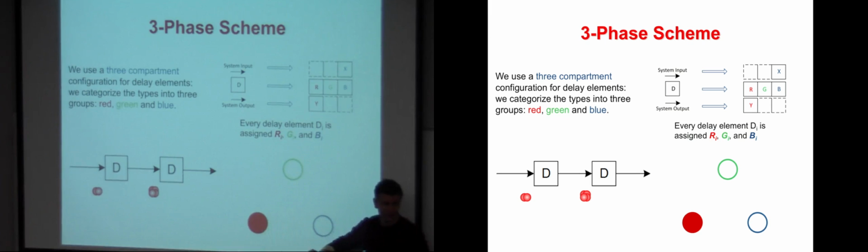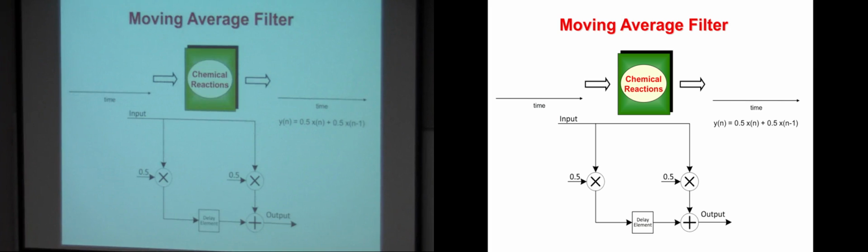I mean, we take the blue molecule as an absence. Yeah, correct. So in this case, we'll just call it the blue absence indicator. Let me begin to show you the reactions.